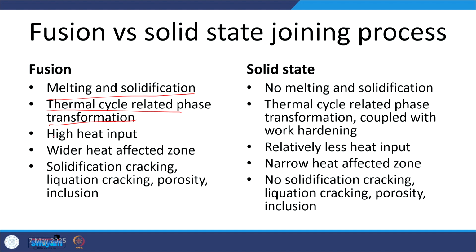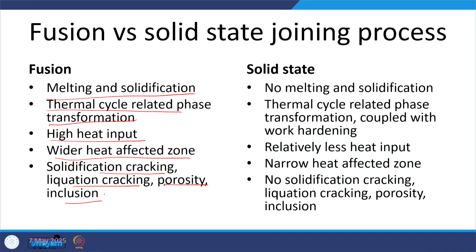Heat input delivered during fusion welding is much higher, and therefore it results in a wider heat affected zone. Because of melting followed by solidification, we come across issues like solidification cracking, liquefaction cracking, porosity and inclusions.